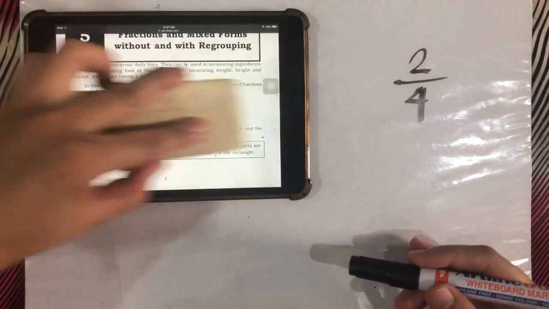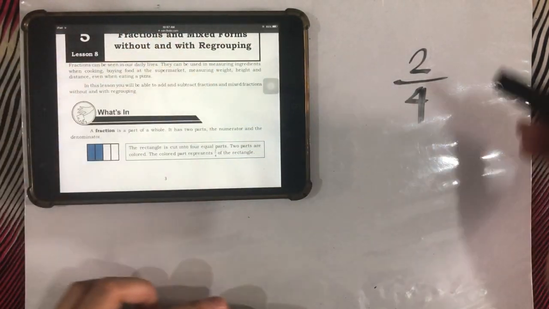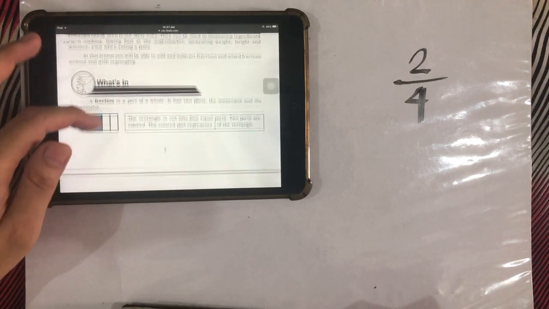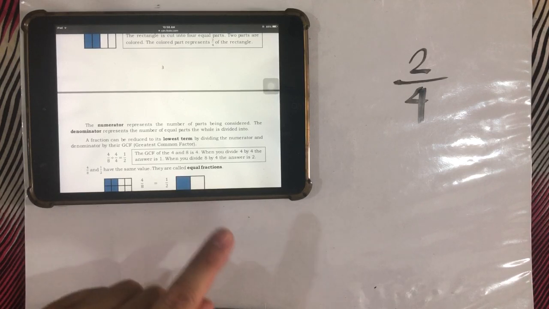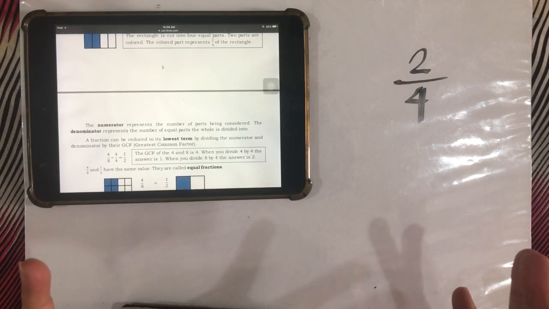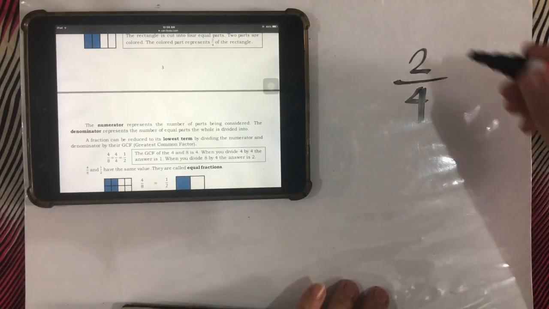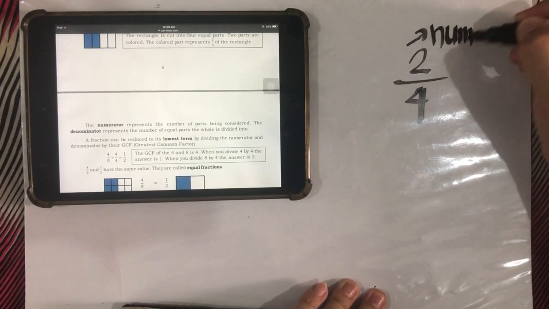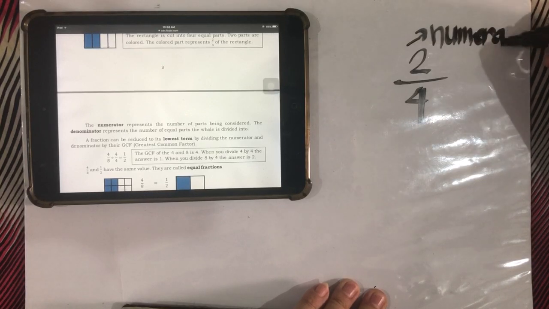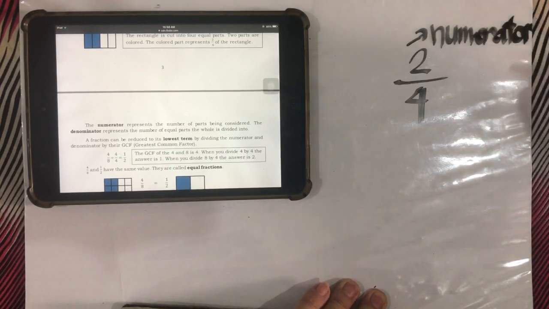Okay? So, every part or these two numbers, meron mga tawag dyan. The numerator represents the number of parts being considered. So, kung ilan man yung naging shaded parts, we call that the numerator. Okay?